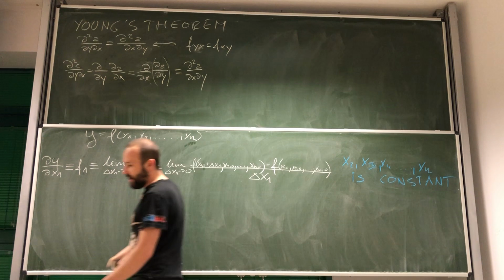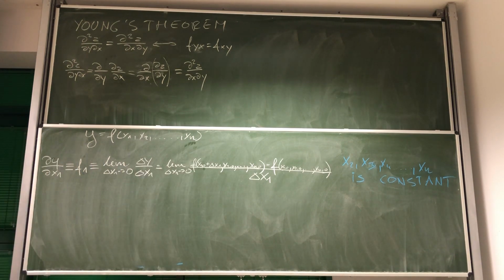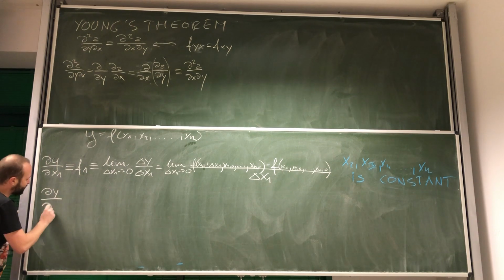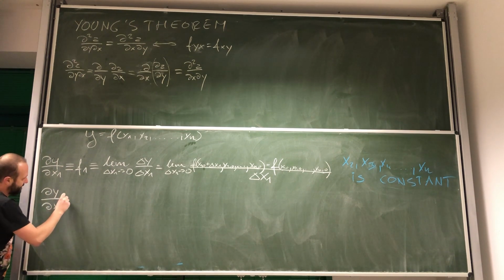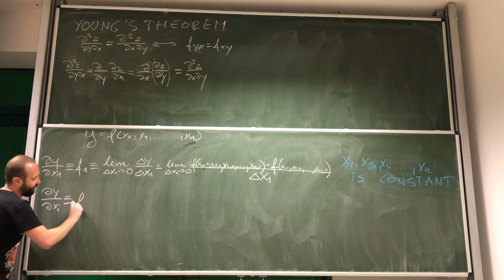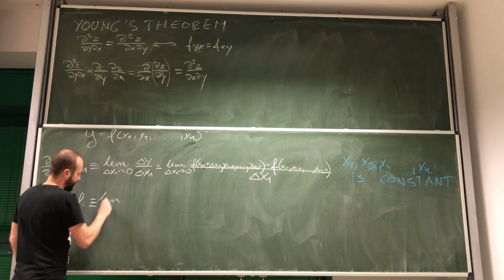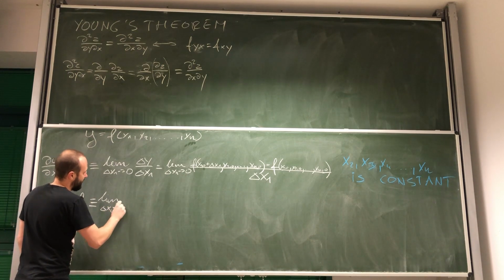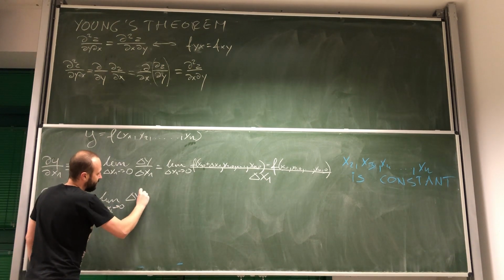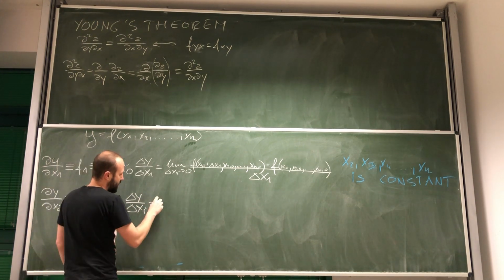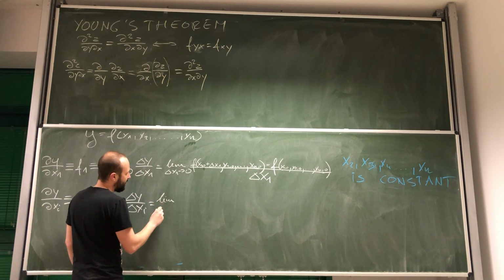So, if I want to make a more general indication of what would happen here, if I want to differentiate this function with respect to variable xi, which I would denote as fi, that would be a limit with delta xi approaching 0 of the difference quotient delta y over delta xi.